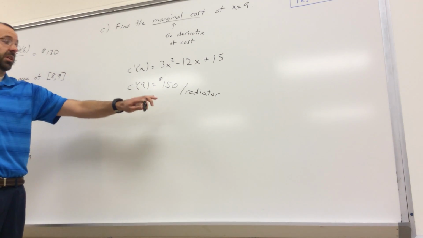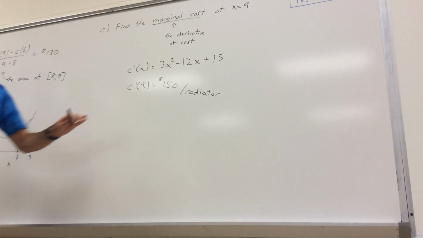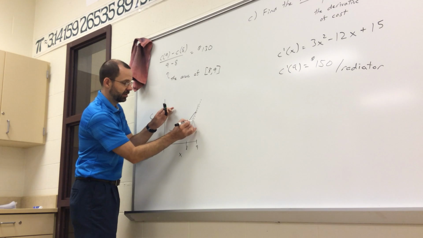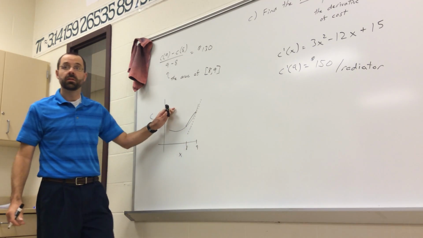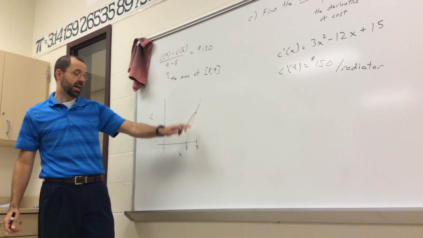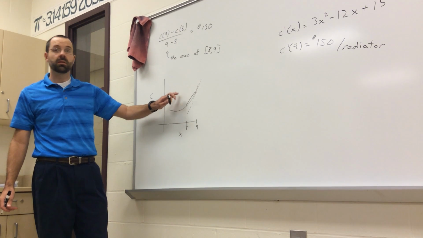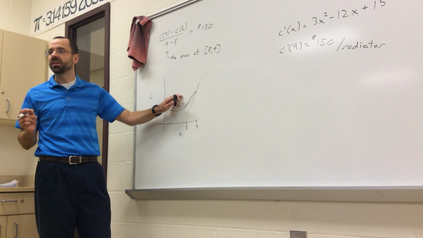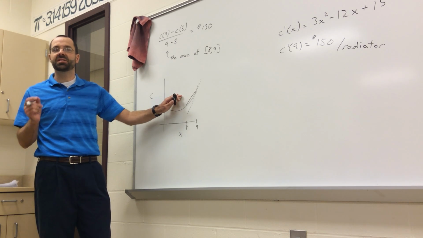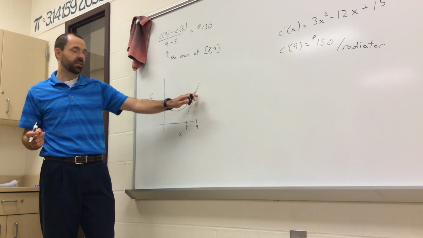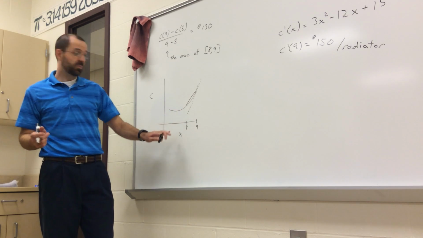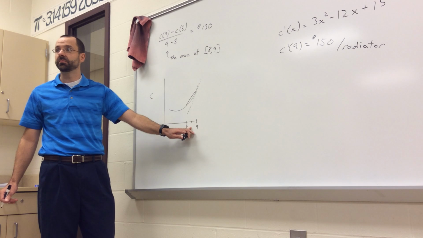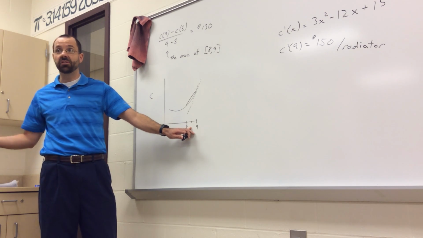And then pictorially, what we just found right here is we found the slope of this line, right? The slope of the tangent line at 9. Okay, now in this context, it doesn't make sense to connect the points, because we're not going to make 8.5 radiators. We're either going to make 8 or we're going to make 9.